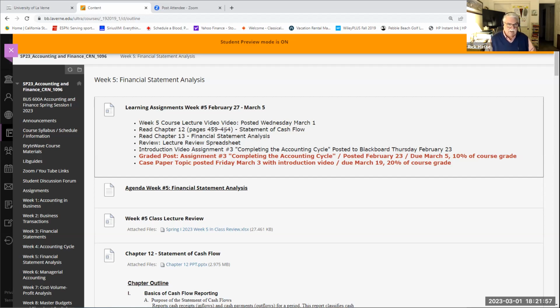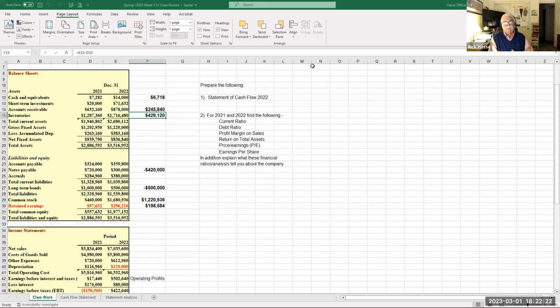So let's take a look at statement of cash flow. Okay, here's that file that's in week 5. It's called the Spring 2023 week 5 in-class review.